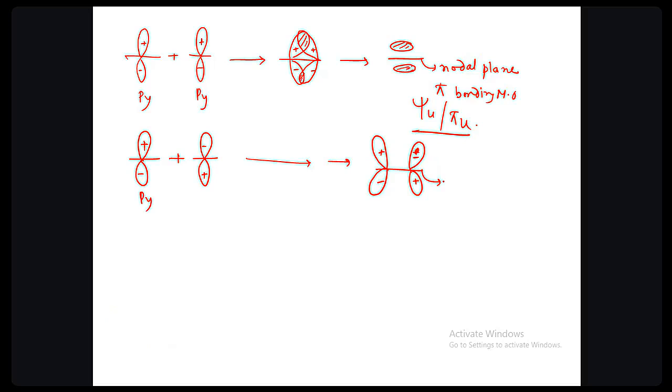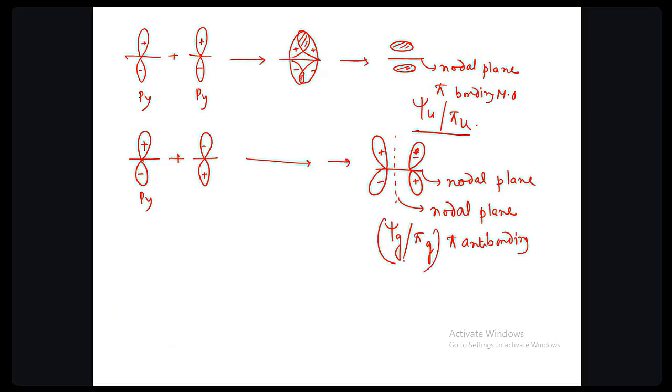So now this is one nodal plane which was already present previously, and another, you see, this is another nodal plane. So the two nodal planes merge with each other, that's why we can say pi anti-bonding here. So it is called pi g. Understand? So when a pi anti-bonding molecular orbital is formed, then we see two nodal planes.